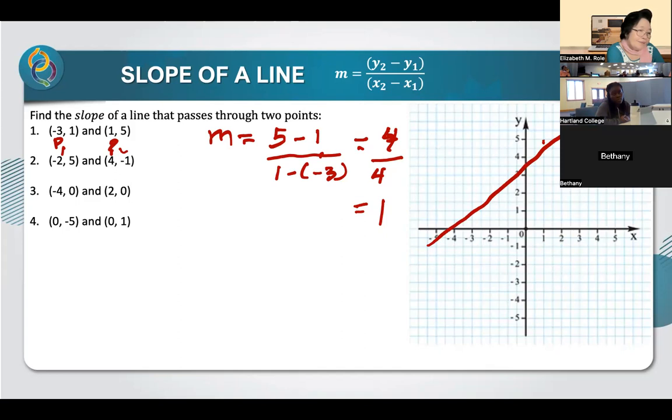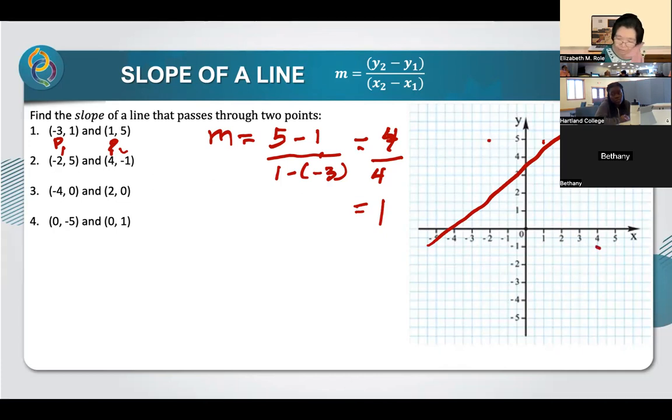So what's the final slope? -2 minus 2, 5. That's the point. And then 4 minus 1 here, right? Okay. -2, 5, 4, -1. So those are the points.